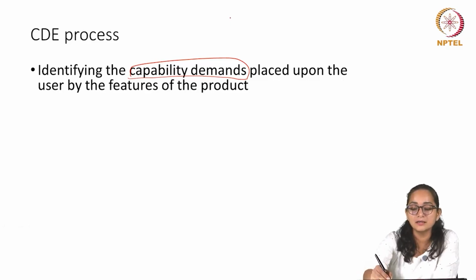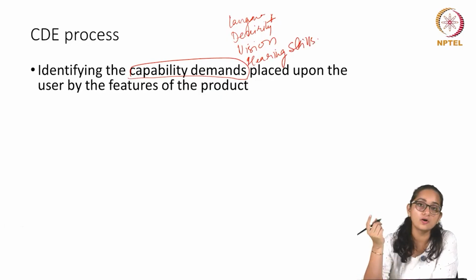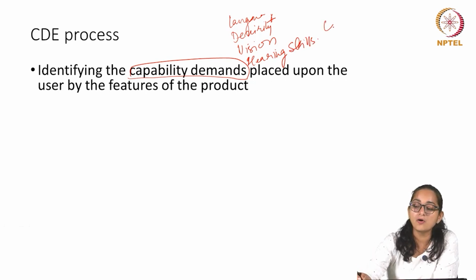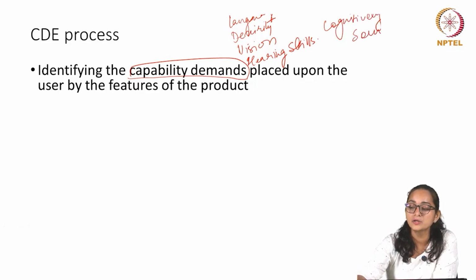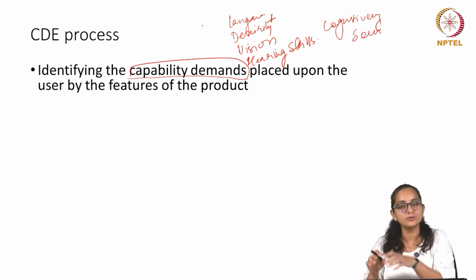So it is basically, I want my user to know the language, I want my user to have dexterity, I want my user to have vision, I want my user to have hearing skills, and of course, I want my user to be cognitively sound, right? In order to perceive all of this information, understand its semantic value, and then press some button.